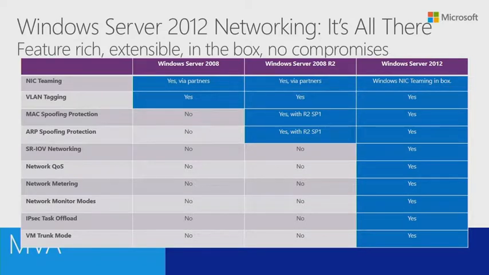And this is what we've delivered in 2012. It's feature rich, it's extensible, and there's no compromises. You want NIC teaming, VLAN tagging, MAC spoofing protection, ARP spoofing protection, SRIOV, networking QoS, metering, monitor modes, IPSec, all of this while still keeping live migration and giving you the best scalability in the industry. It's all here in Server 2012.